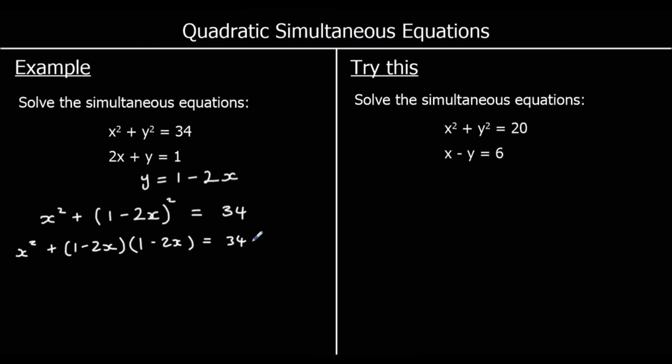And we can expand these brackets. So 1 times 1 is 1. 1 times negative 2x is negative 2x. Negative 2x times 1 is again negative 2x. And negative 2x times negative 2x is going to be positive 4x squared.